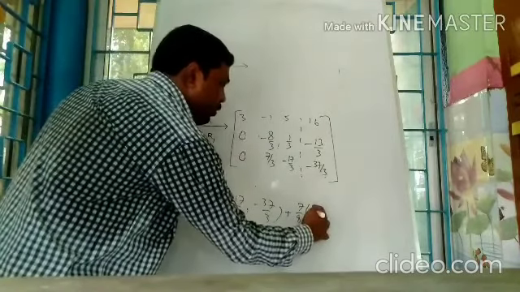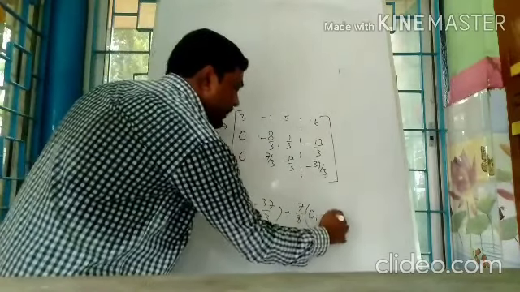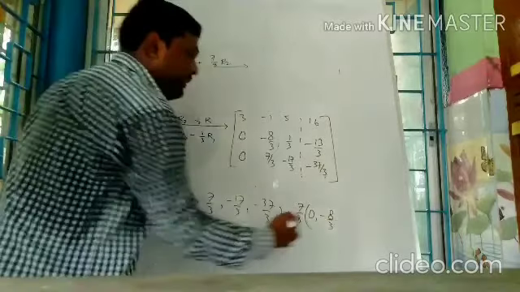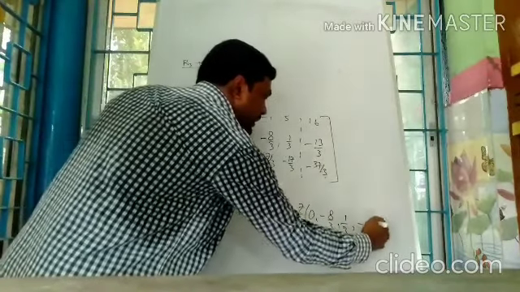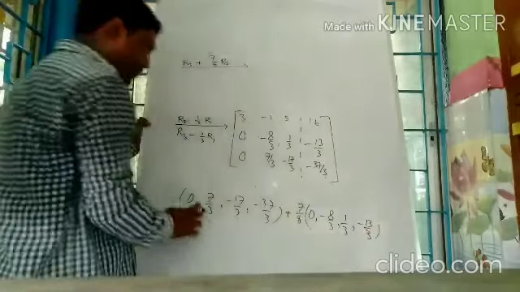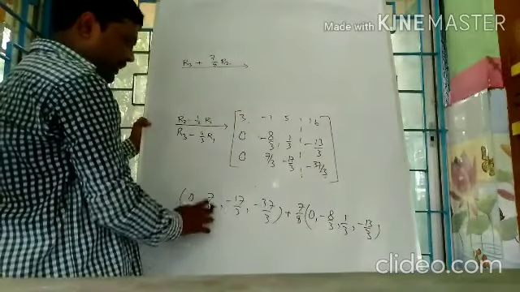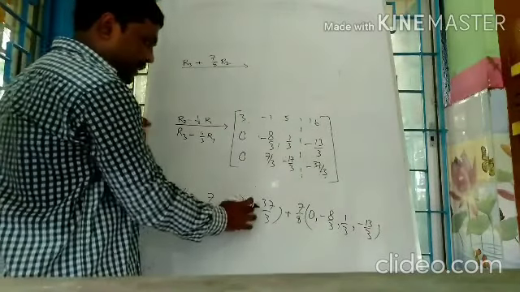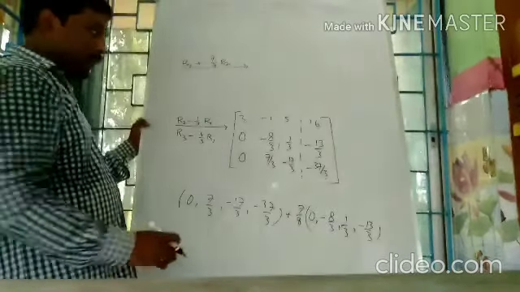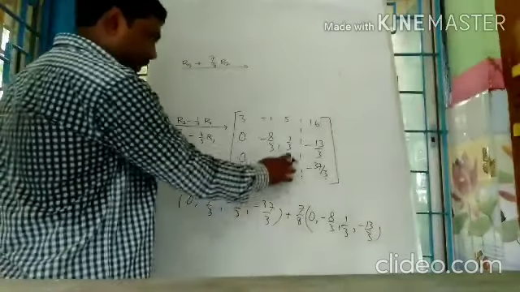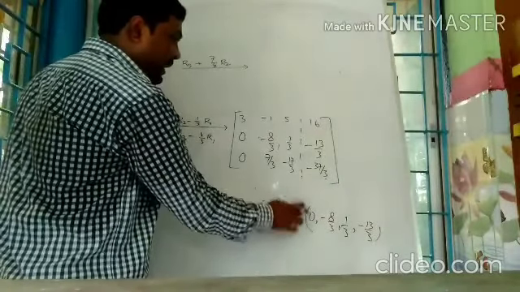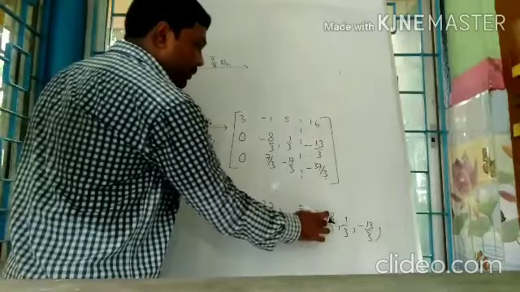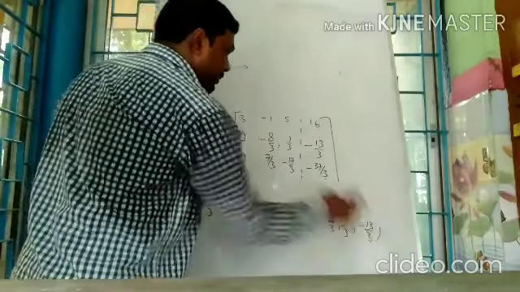R2 is 0, minus 8 by 3, 1 by 3, minus 13 by 3.